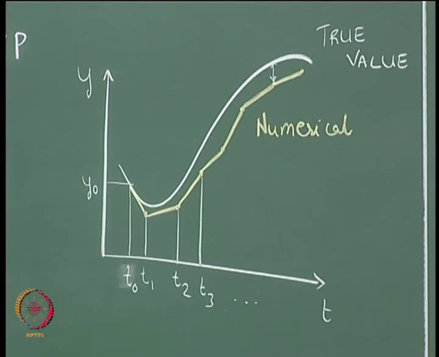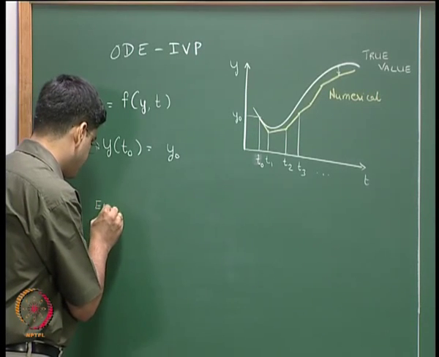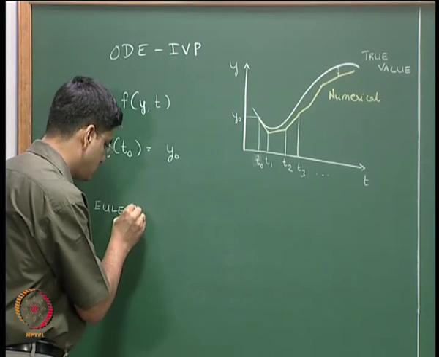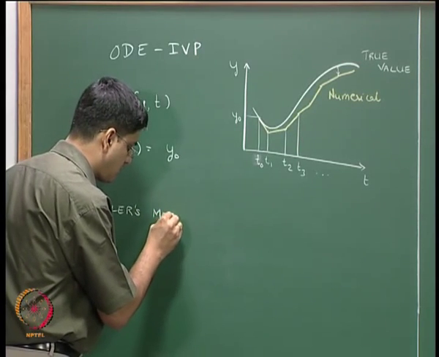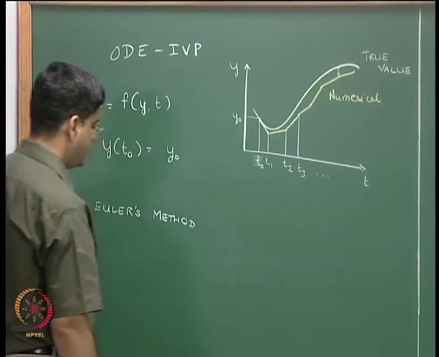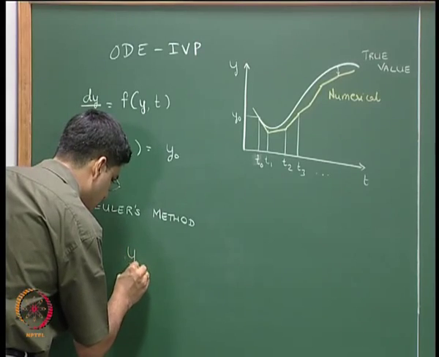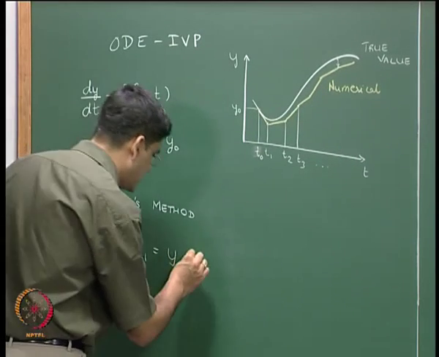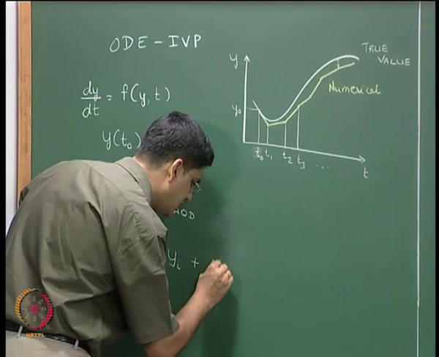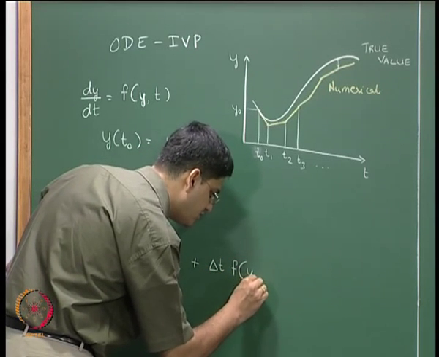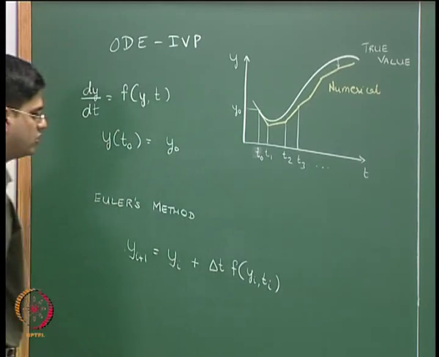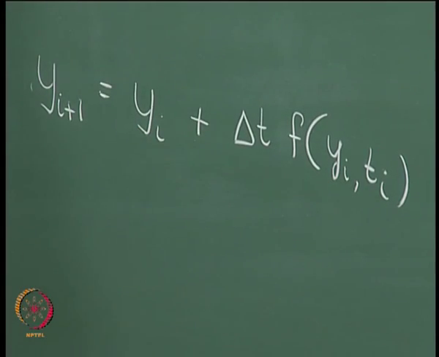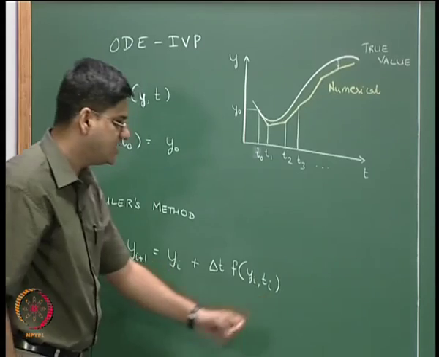Then we considered the simplest form of numerical solution to ODEs, and that was Euler's forward difference method. The expression for Euler's explicit method was written as y at i plus 1 equal to yi plus delta t multiplied by f of yi comma ti, where f is nothing but the slope that is computed at the point yi, ti.